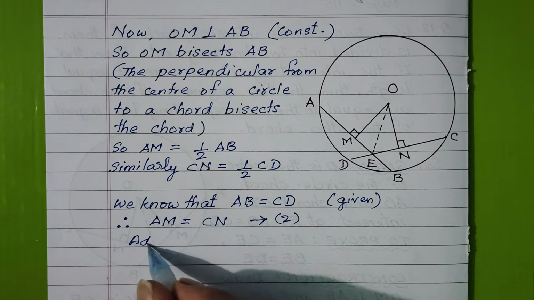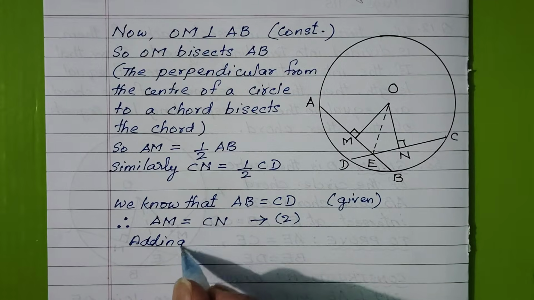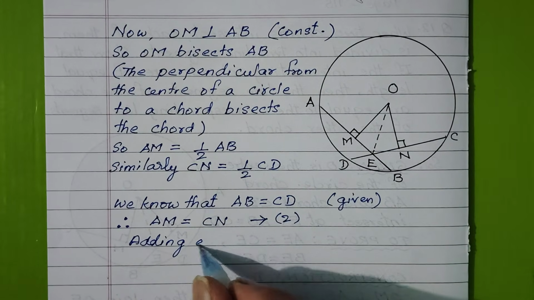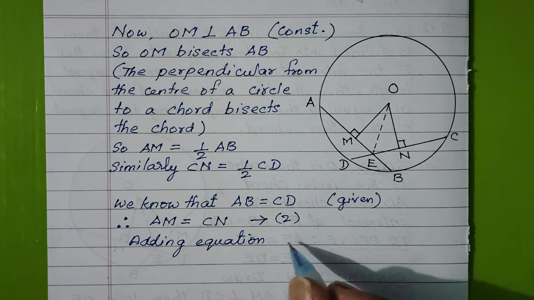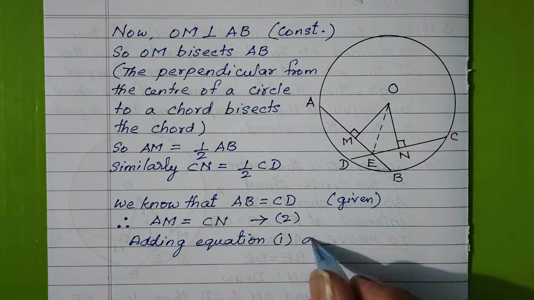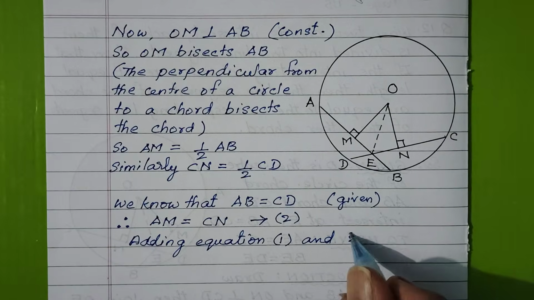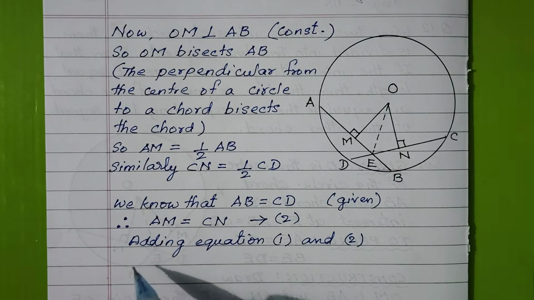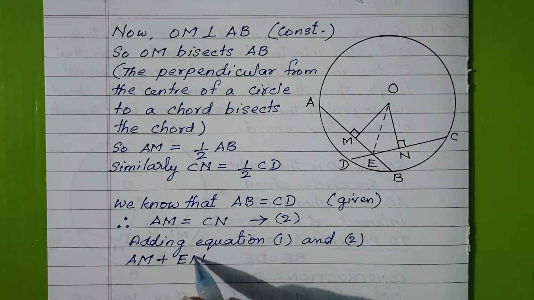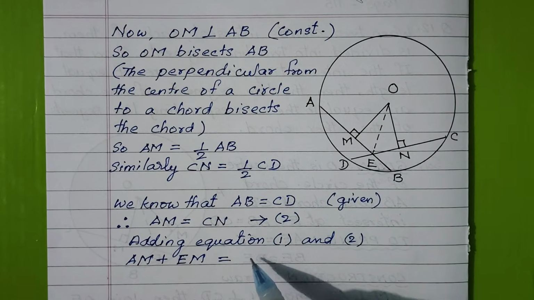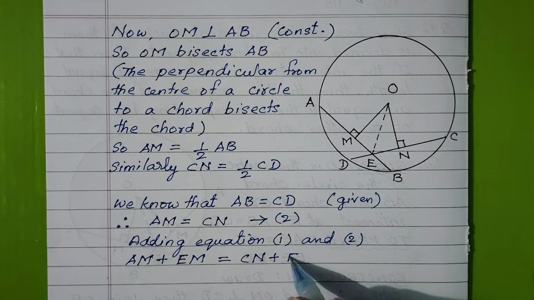Adding equations 1 and 2, we will get AM plus EM will be equal to CN plus EN.